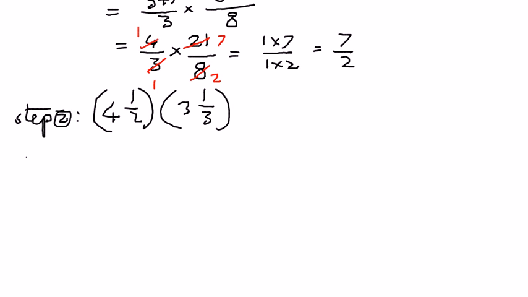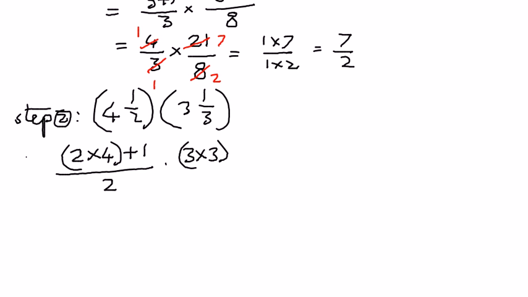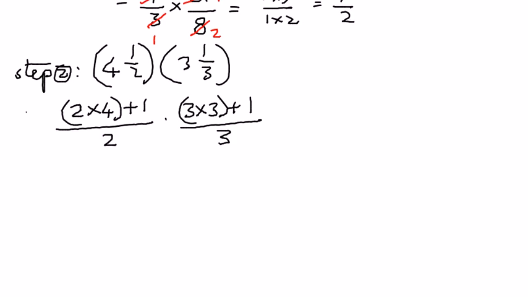So 2 is in the denominator, take the number 2, multiply it by the number on the side, take the product of that, add it to the numerator part, and then divide the whole thing by 2. The second mixed number we have is 3 1/3. So we take the denominator, multiply it by the number on the side, take the product of that, and then add it to the numerator part, and divide that whole thing by the denominator part, which is 3.